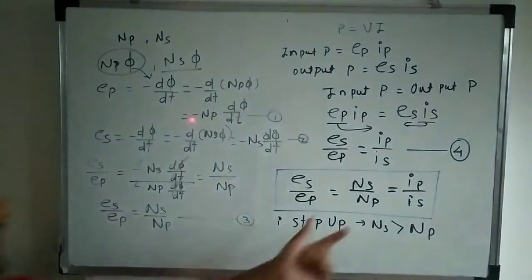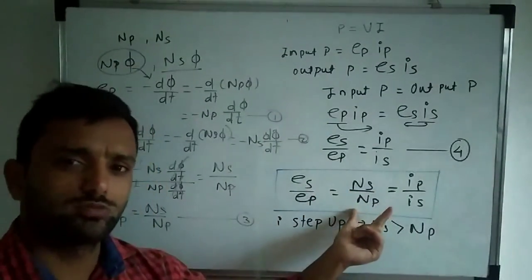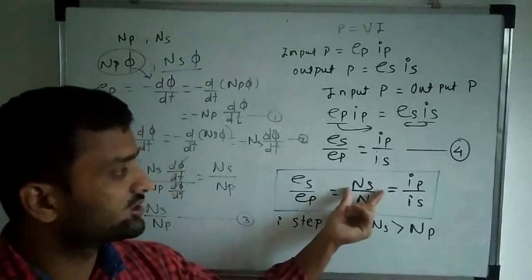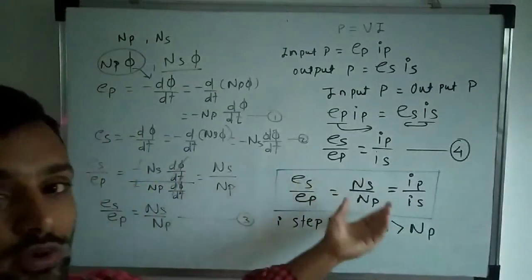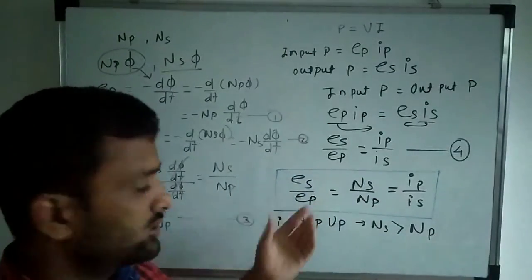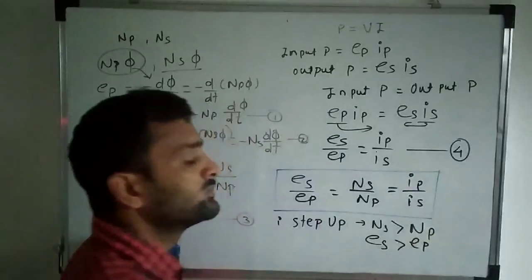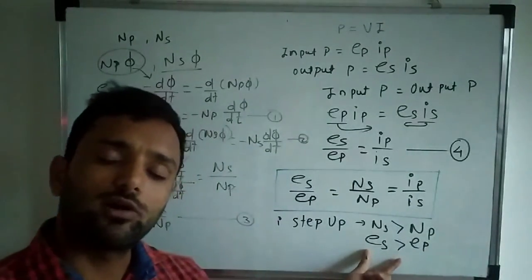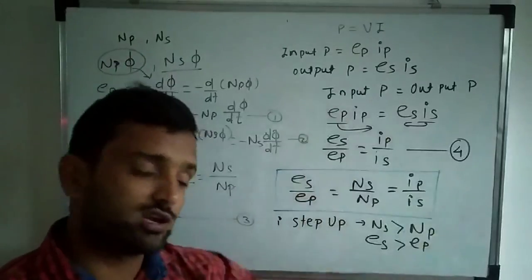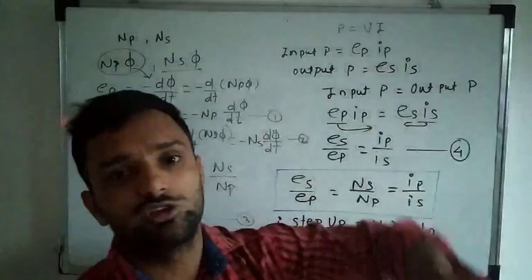Here the numerator is greater than the denominator, so we can write the same to the left side. ES becomes greater than EP. So the output induced EMF across the secondary coil is greater than the induced EMF across the primary.